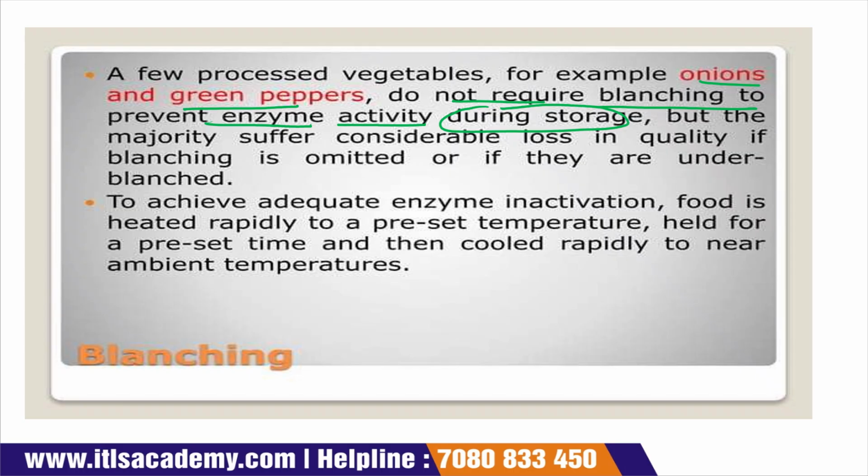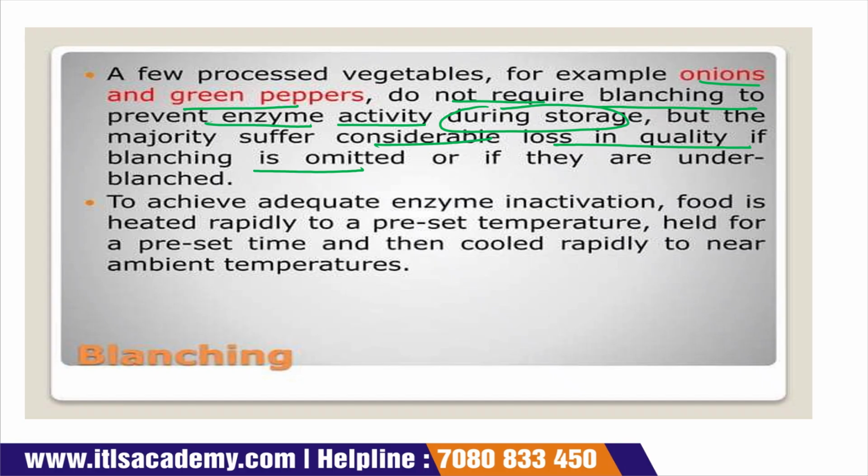Those vegetables are onion and green peppers. But the majority suffer considerable loss in quality if blanching is omitted. Suppose there are lots of vegetables present in the market which are lost if we do not perform blanching before storage.